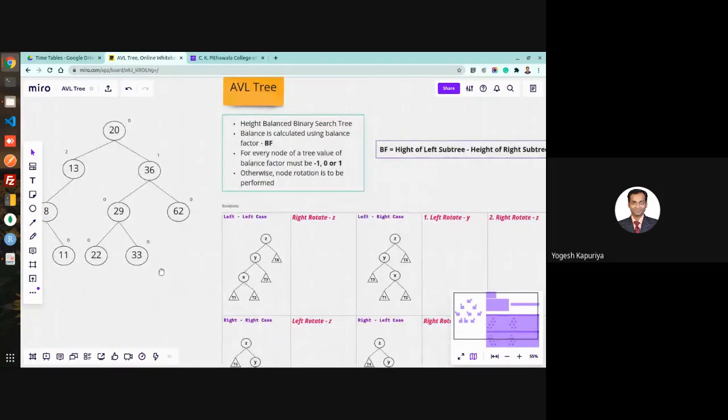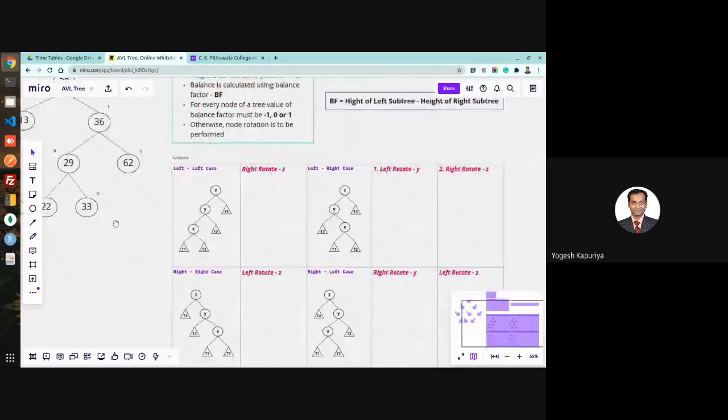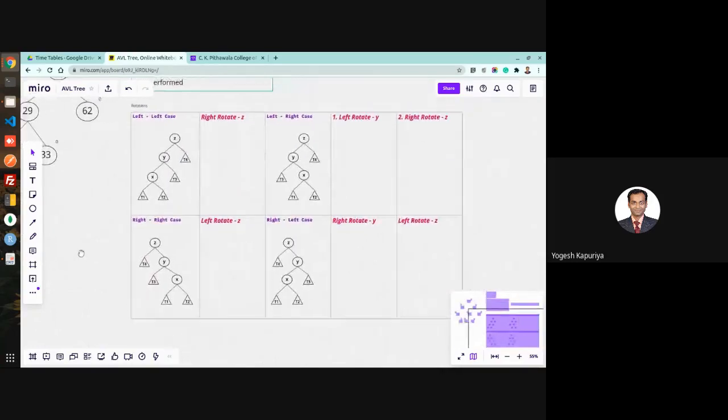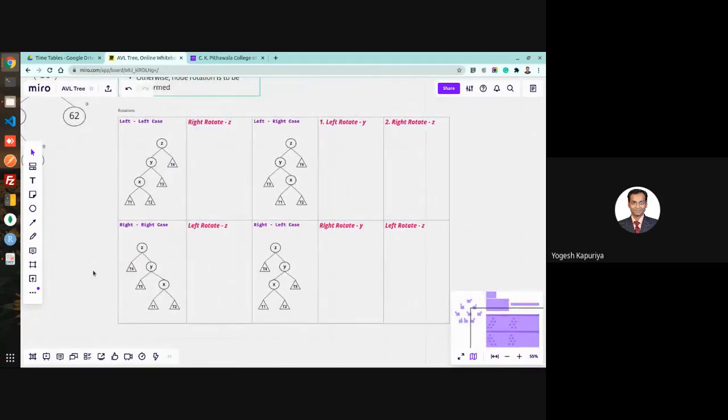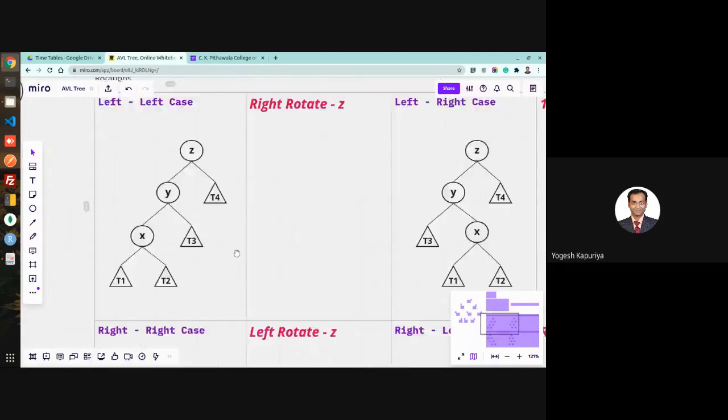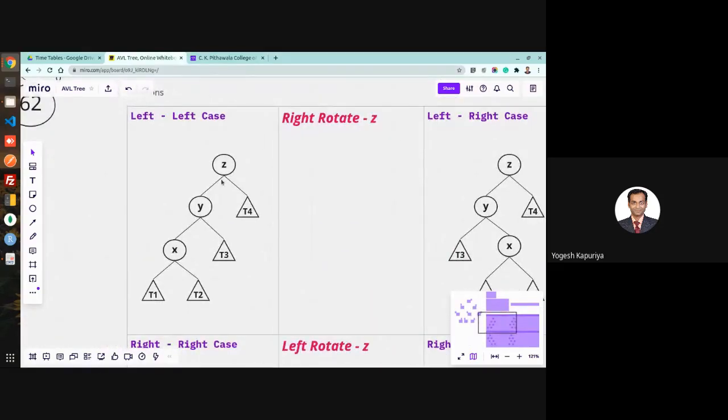So let's discuss what are the cases where we require to perform the rotations. These are the general cases where we will have the scenarios. Let us first understand this terminology. This Z, Y, and X, these are the 3 actual nodes of a tree.